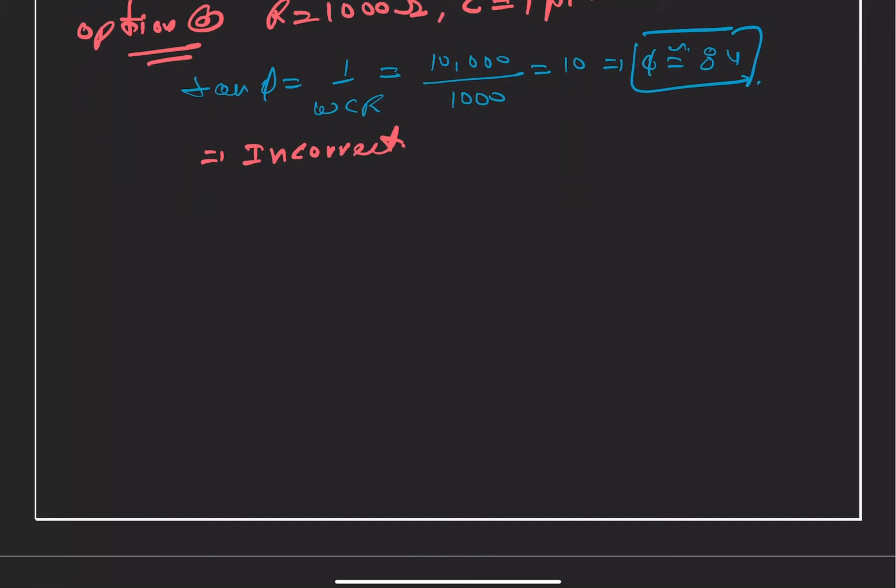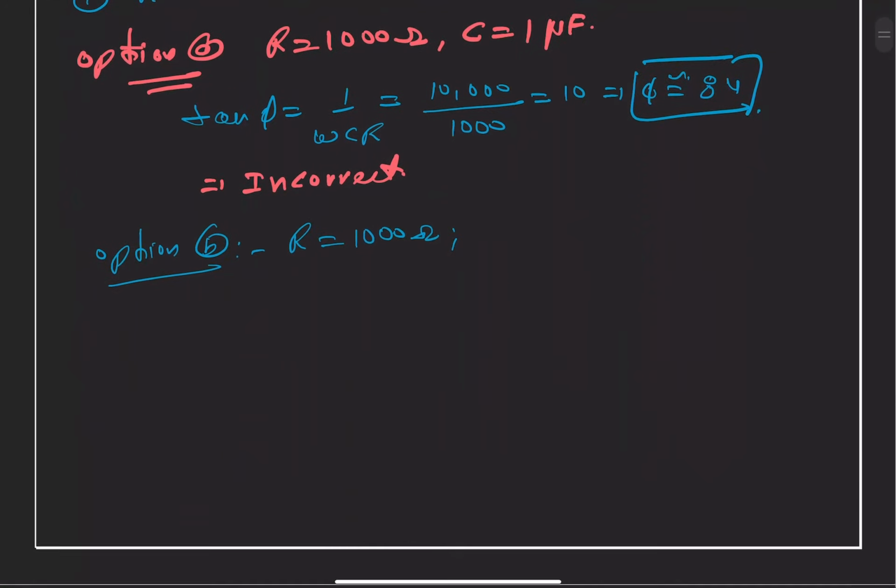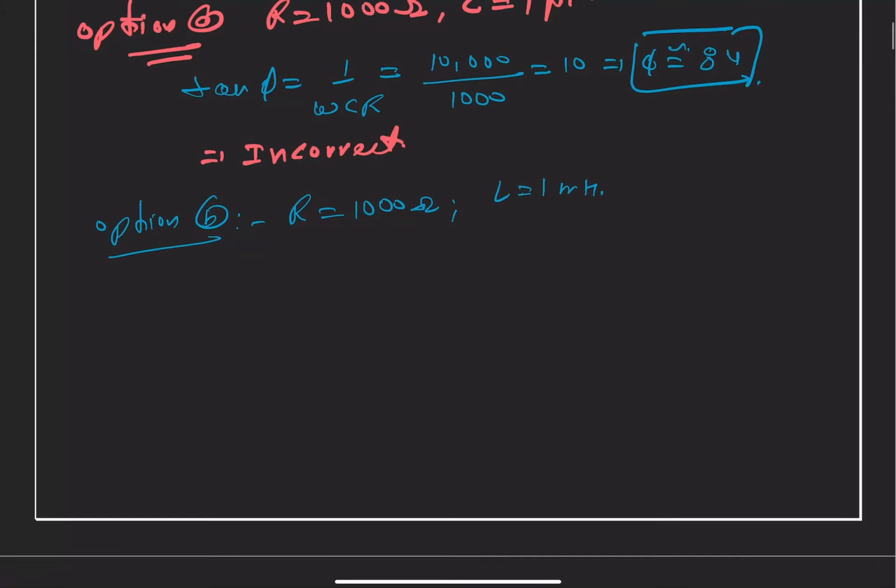Now let us take option B. The value of R is 1000 ohm, and the value of the inductor is 1 millihenry. Similarly, we are going to find tangent of phi.